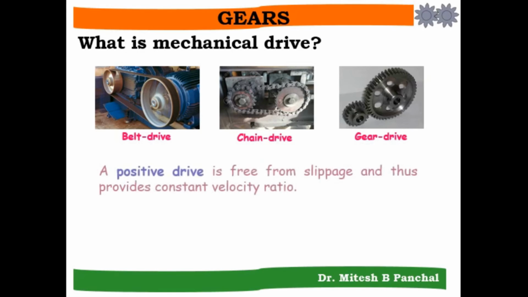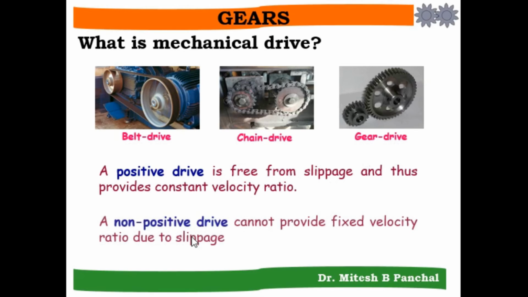So a positive drive is free from slippage and thus provides constant velocity ratio. Means we can say that here gear drive is the positive drive as there is no slippage. A non-positive drive cannot provide fixed velocity ratio due to slippage.